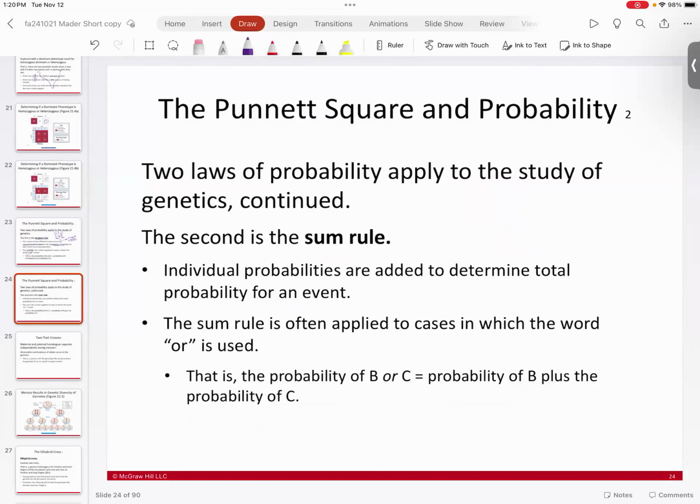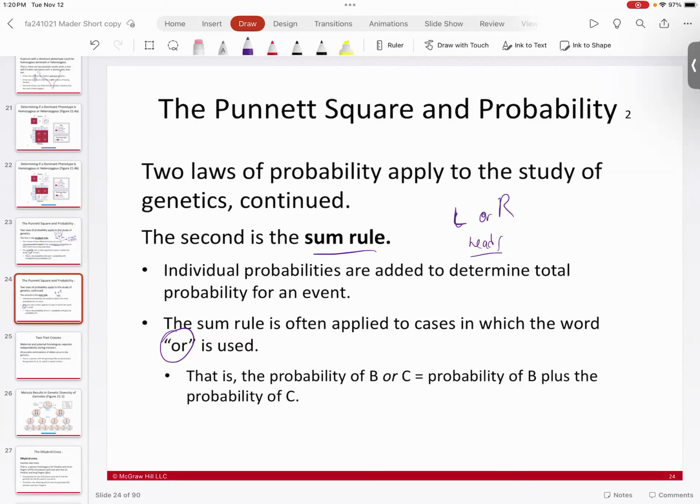We also have another rule called the sum rule, the rule of addition. And this is basically the "or" term. So for instance, what happens if I have a coin in my left hand and a coin in my right hand? Here's what I want. I want a heads. It doesn't matter which hand I want it in. It can be either in the left or in the right. So my probability states like this: what's the probability of flipping a heads either in the left or in the right?